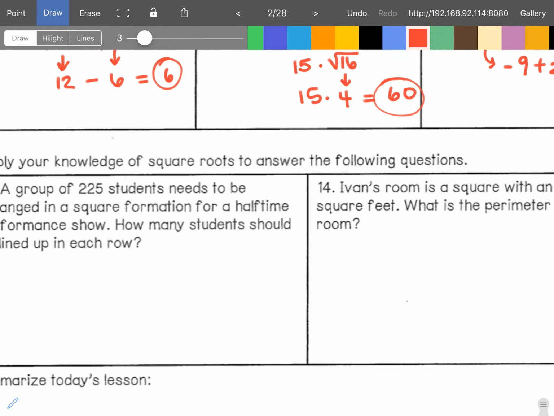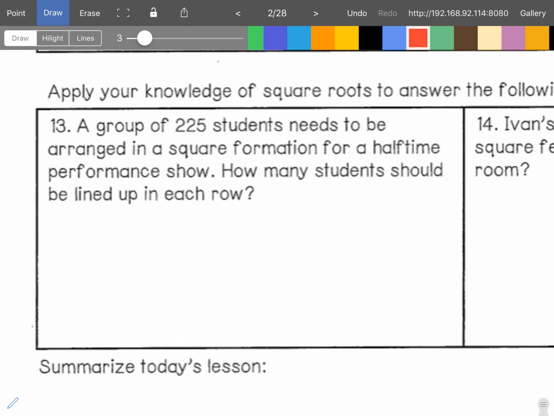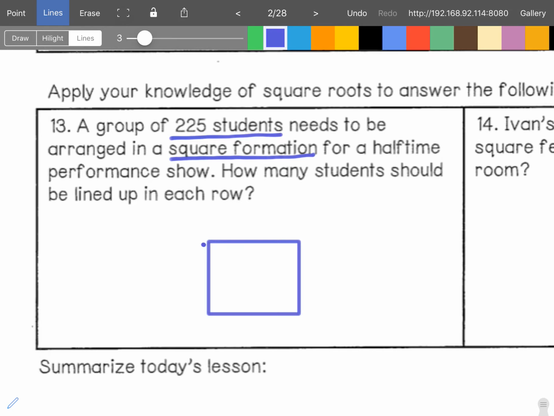Okay, we got 2 little word problems down here, and then we're going to be finished. Number 13 says, a group of 225 students needs to be arranged in a square formation for a halftime performance. How many students should be lined up in each row? So if we're going to make a square, we know that a square is the same length and width on each side, okay?